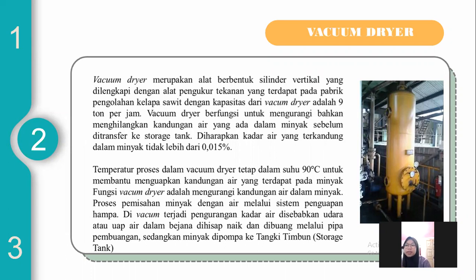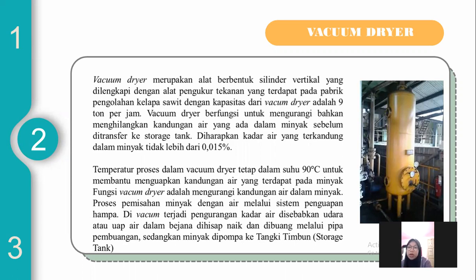It is expected that the water content in the oil is not more than 0.015%. The process temperature in the vacuum dryer remains at 90 degrees Celsius to help evaporate the water content contained in the oil.